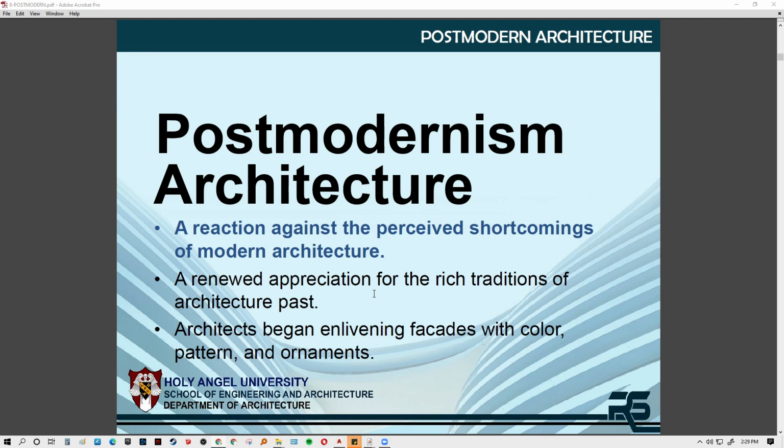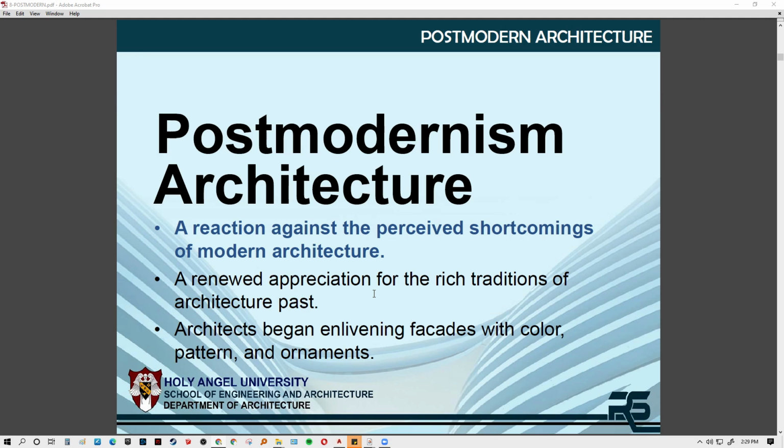So even though modern architecture has its own time, this is kind of the revivalist period, where it seems like it has no definite identity. However, it is also a renewed appreciation for the rich traditions of architecture past.